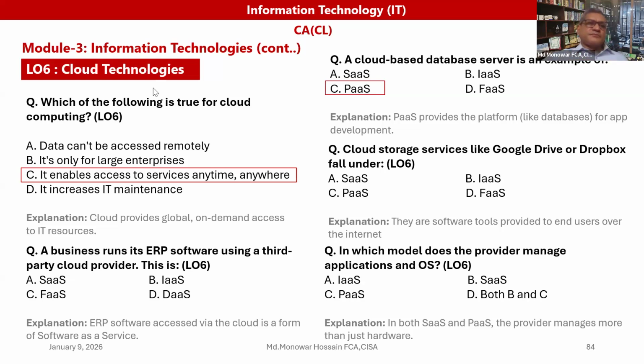Answer C. Now, a business runs its ERP software using a third-party cloud provider. What would be the answer? Software as a service, because this is software. We know ERP software accessed via the cloud is a form of software as a service. Answer A.